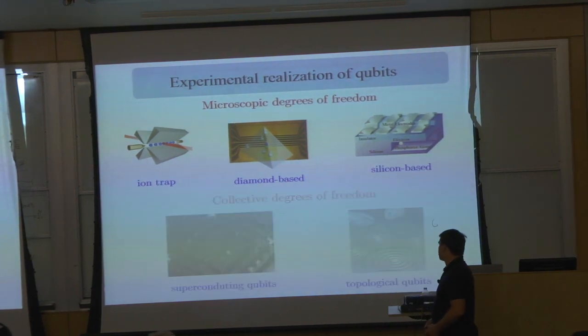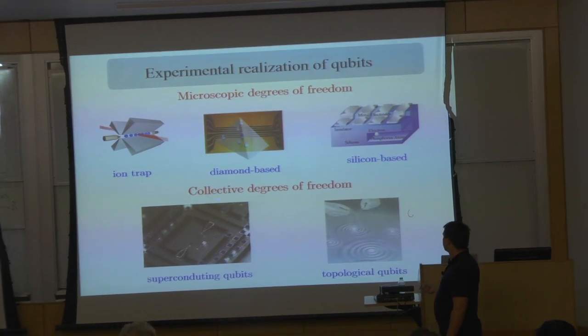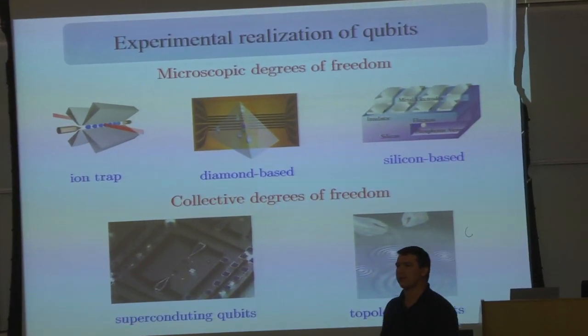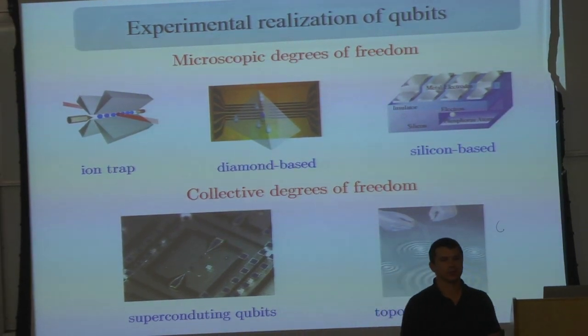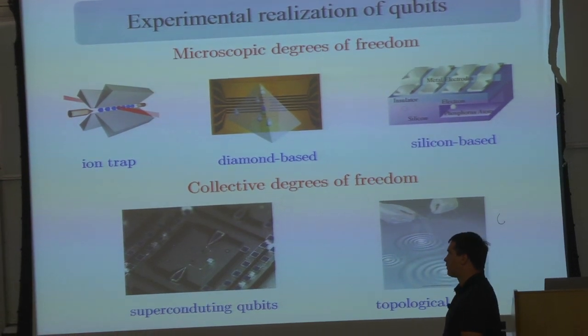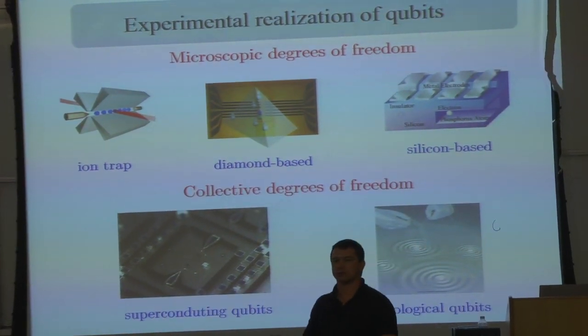The second category of qubits is based on collective behavior of electrons. The first example is a well-known example in superconductivity, where the phase of the superconductor describes the motion of billions of electrons all together.